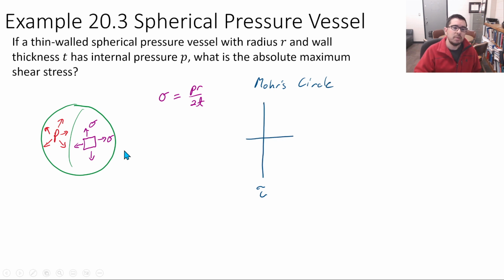Now, if we plot Mohr's circle, what does this look like? This was kind of on the last homework.